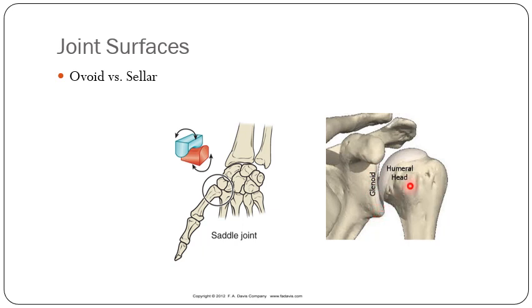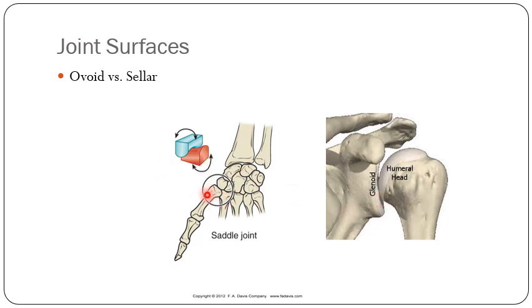So if we're talking joint surfaces, always think of a cave when you hear concave. A lot of your fossas represent concave surfaces. So the glenoid fossa is a concave surface for the convex humeral head. That's an ovoid joint, when you have concave on one side, convex on the other.